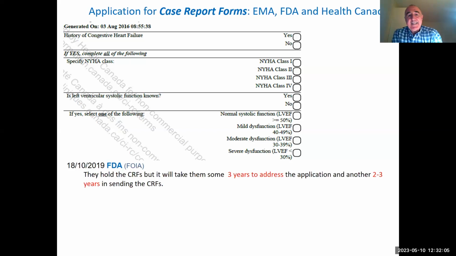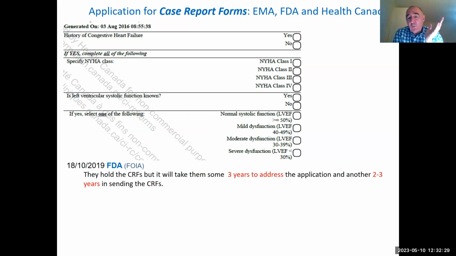So we contacted the FDA, and they said that, okay, they hold this information and they get it by default. But they also said that it would take them some 3 years to address the application and another 2-3 years to send the case report forms.